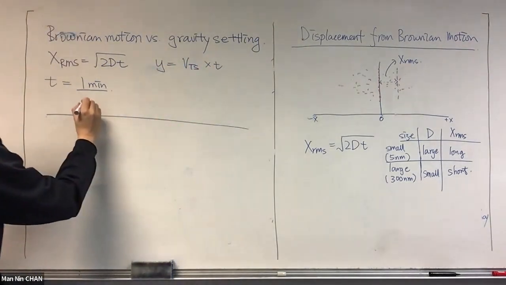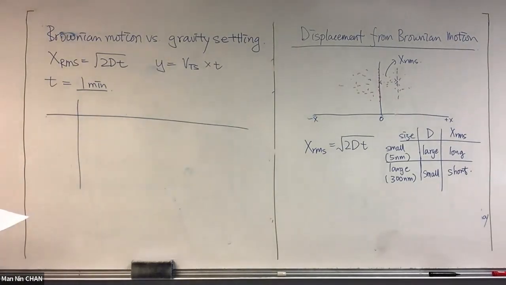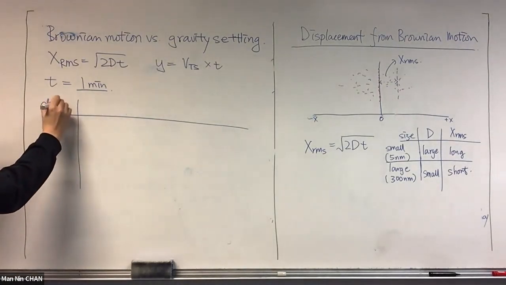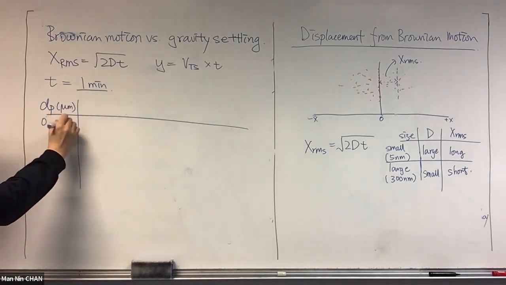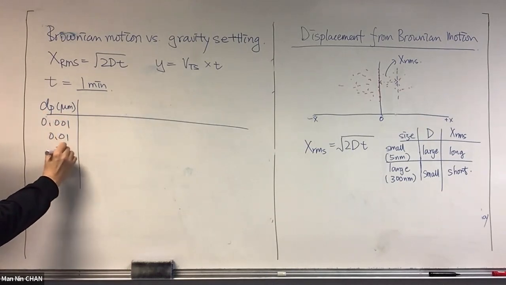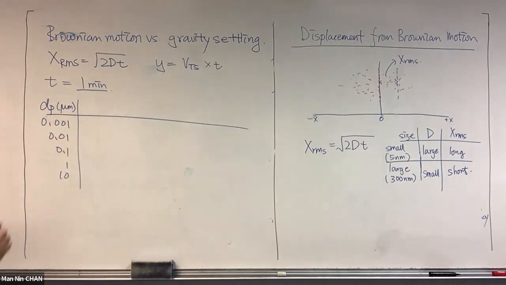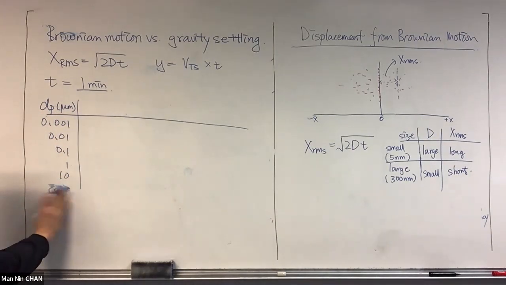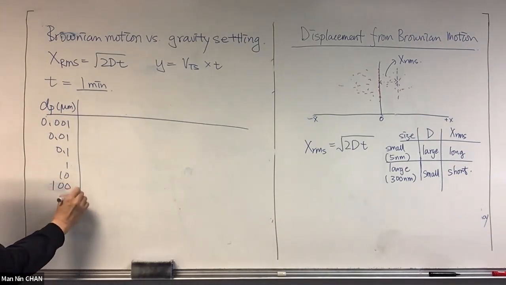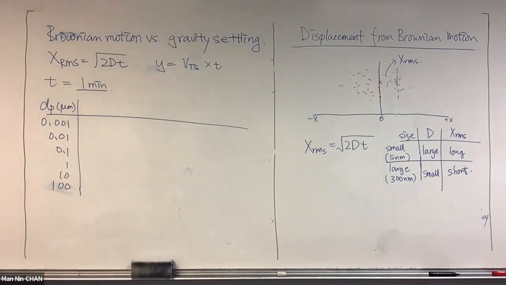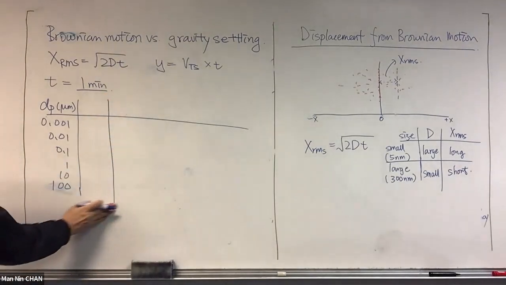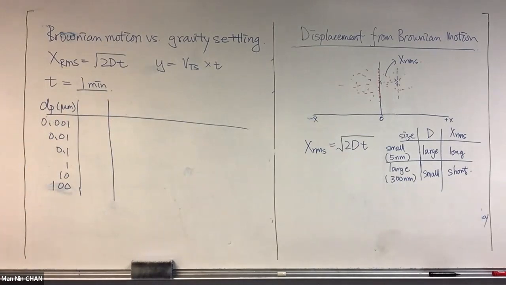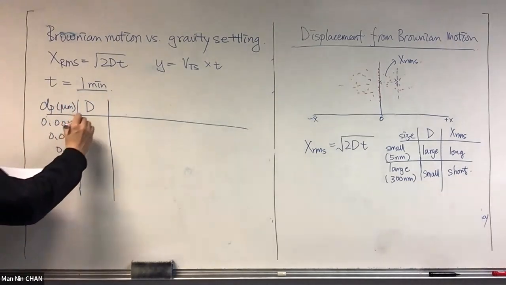So then I can construct a table. This is your particle size, the diameter in micron, from 0.001, 0.01, 0.1, 1, 10, and then 100. For different particle sizes, of course I can calculate the diffusion coefficient. I just show you the result.